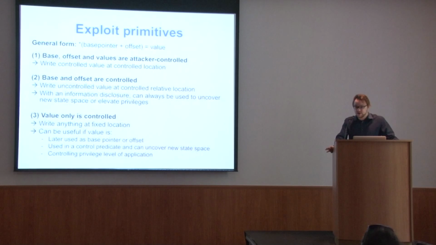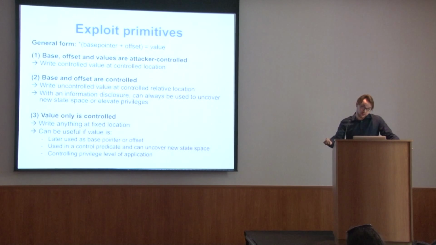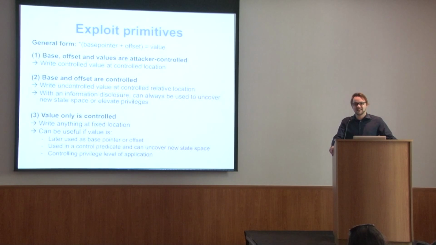But if you control the base pointer or the offset in such a primitive, usually as an attacker, you're in a pretty good position. If you just control the value, that's another story, because usually you can't write everywhere you want. You can just write what you want. Sometimes it's enough. In a really rare case, it can be enough, but usually it's not enough. And of course, if somebody thinks it's enough, please come to talk to me. I'll be glad to get explanations.